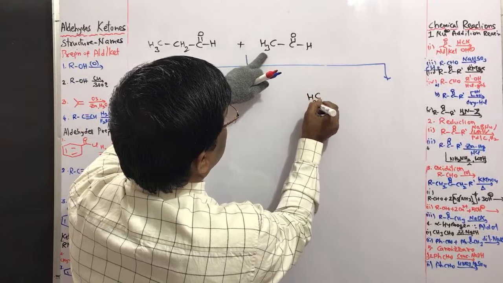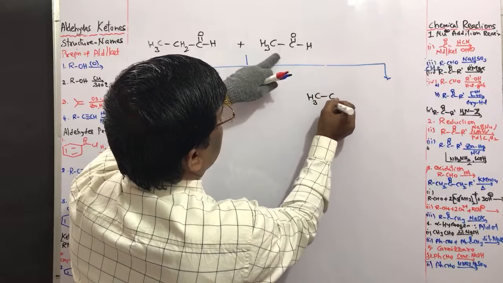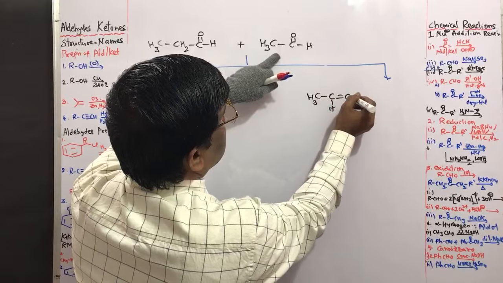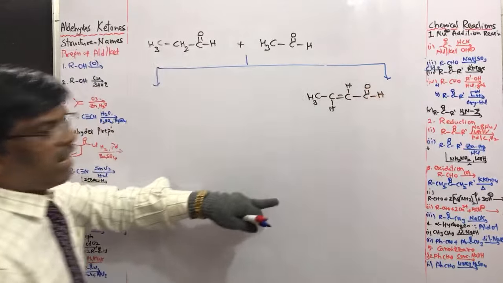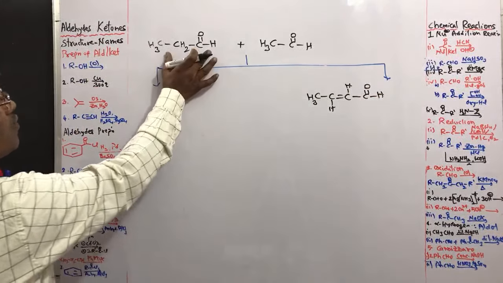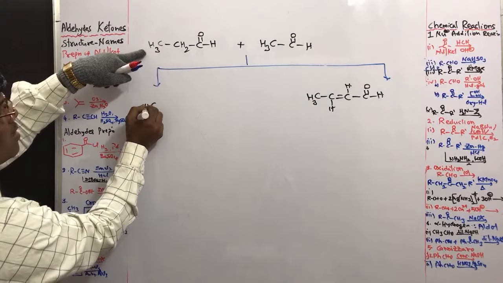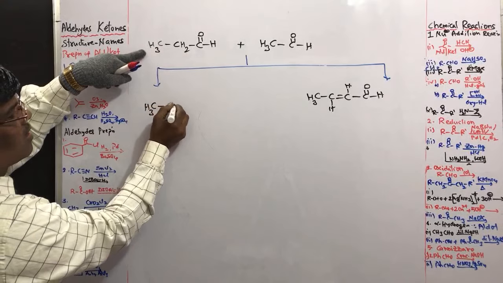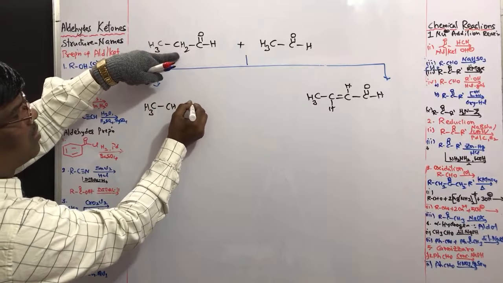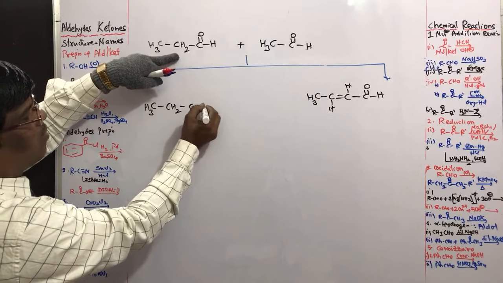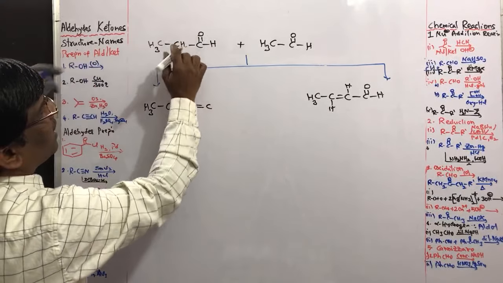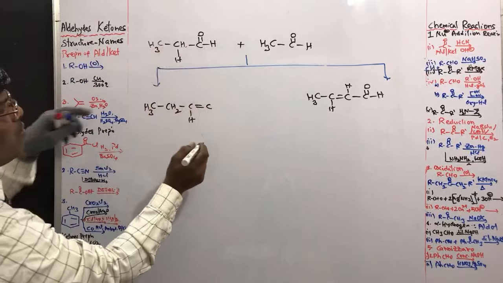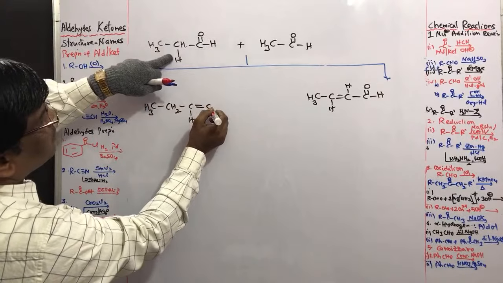CH3, CH double bond CH, this aldehyde. Yes, students. So from here, CH3, CH2, C double bond, and coming from this, this is the alpha hydrogen. In this case, this is going to be out.